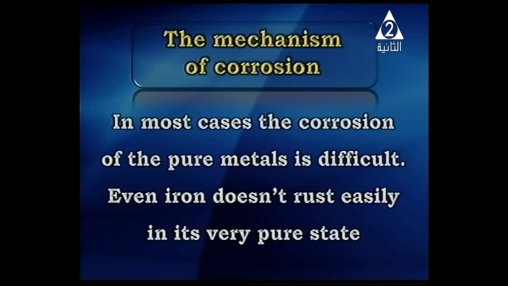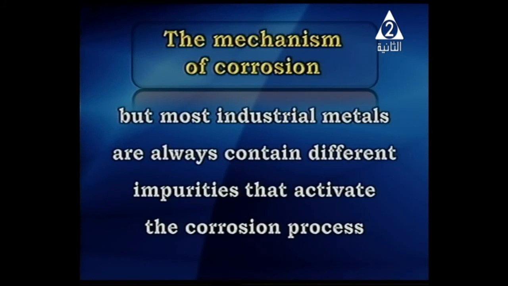In most cases of corrosion, the pure metal is different. Even iron doesn't rust easily and takes a long time in its very pure state. But most industrial metals always contain different impurities that activate the corrosion process.